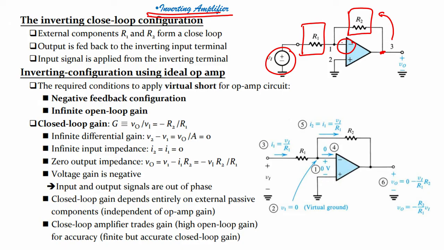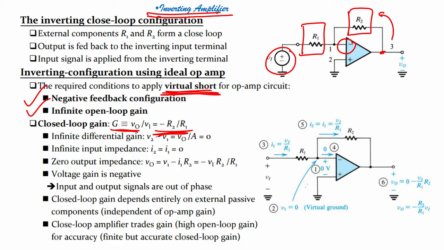Now, the required conditions to apply the virtual short in an op amp circuit are negative feedback and infinite open loop gain. So, what is the closed loop gain? Closed loop gain G equals VO by VI, which is nothing but minus R2 by R1.